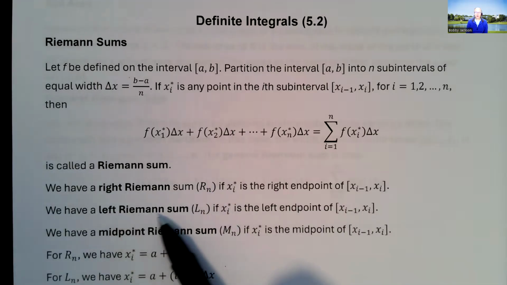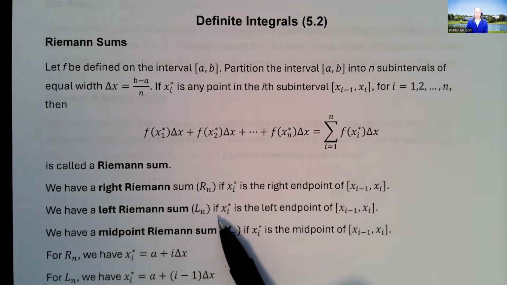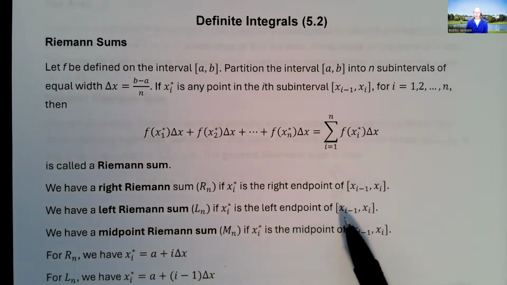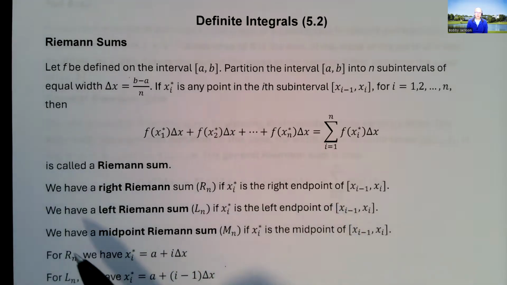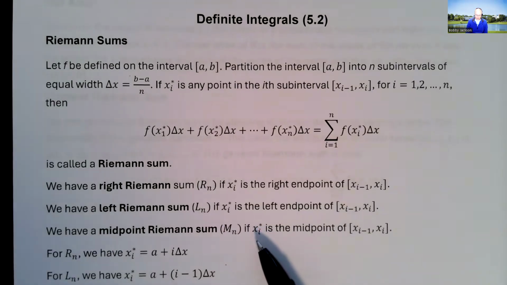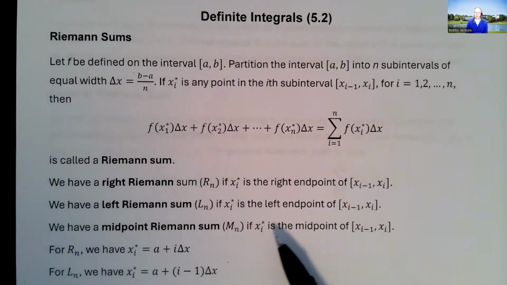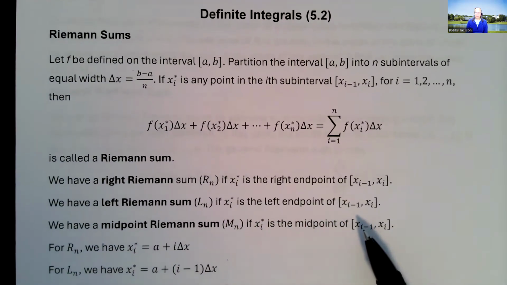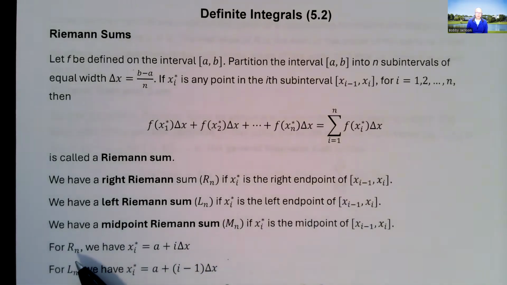We have a left Riemann sum, which I designate L sub n, if x sub i star is the left endpoint of the ith subinterval. And then we have a midpoint Riemann sum, M sub n, if x sub i star is the midpoint of the ith subinterval. For the right-hand sum, the x sub i stars are just a plus i times delta x. For the left-hand sum, the x sub i stars are a plus i minus 1 times delta x.